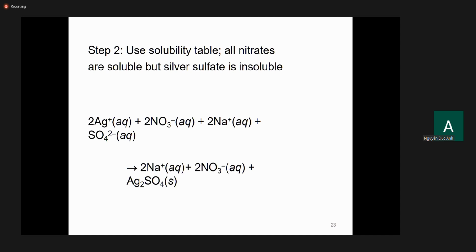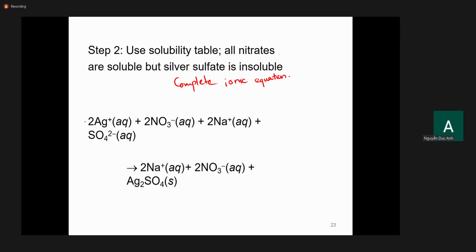And then in the second step, let's write down. Sorry, there's some trouble in the technical part. In step 2, you are writing down the complete ionic equation. In this one, you have to write down all the ions that appear in both the reactants and the products.